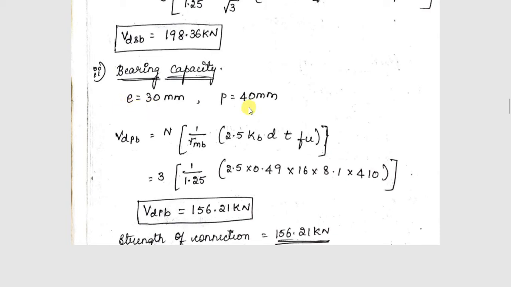Edge and pitch we calculated earlier, the same values can be used here. So bearing capacity will be 156.21, with T as 8.1 as discussed earlier. The least of these two values will be the strength of the connection between the angle leg and web of beam, that is 156.21 kilonewton.